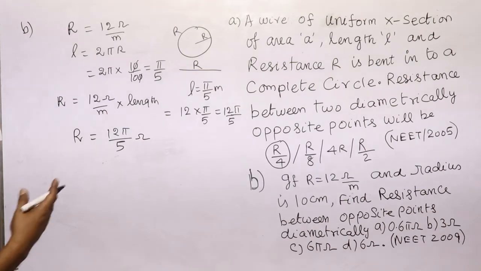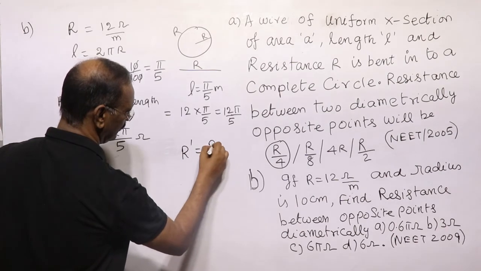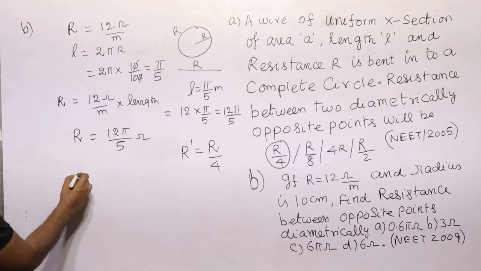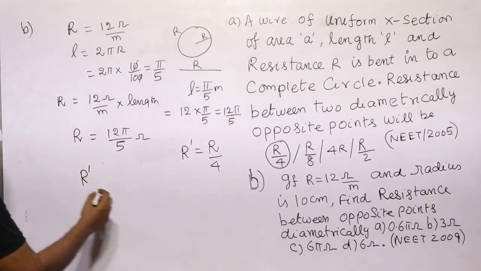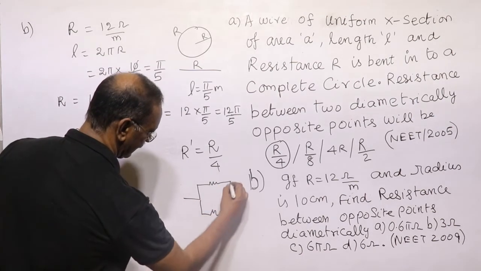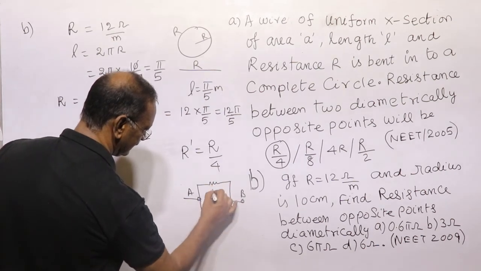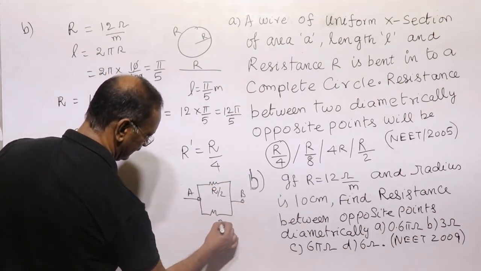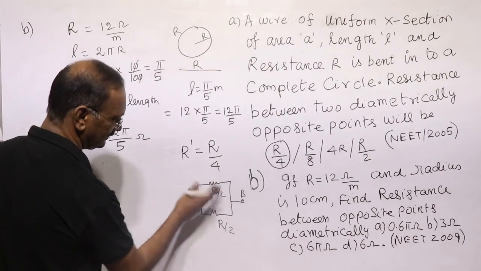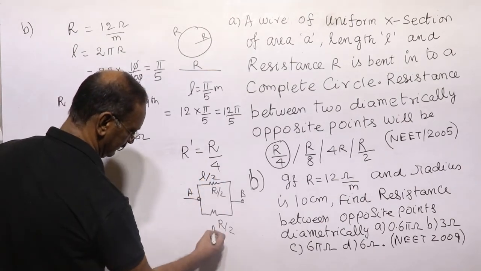In the previous problem we saw that the equivalent resistance is the original resistance divided by 4. It is easy to find R dash, the equivalent resistance, when it is converted into two parallel resistances between point A and point B. Each is R by 2, because it is symmetrical: this is L by 2 and this is also L by 2.